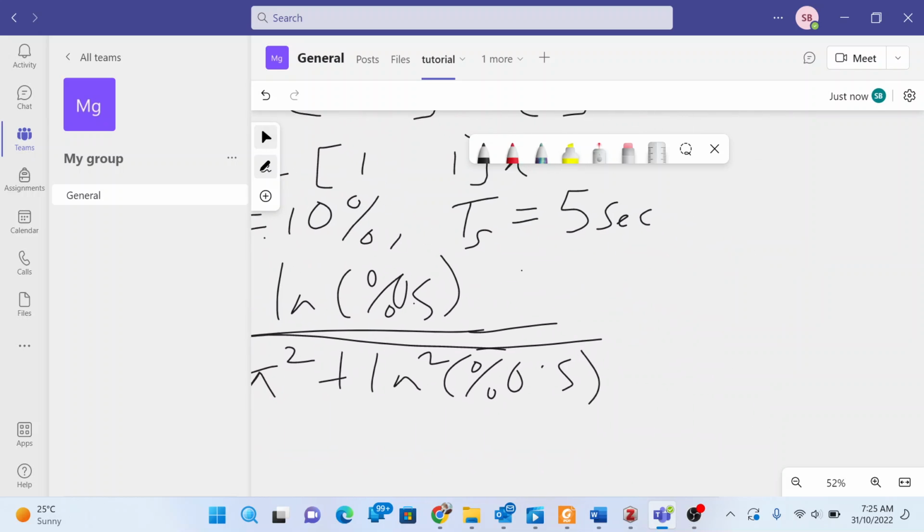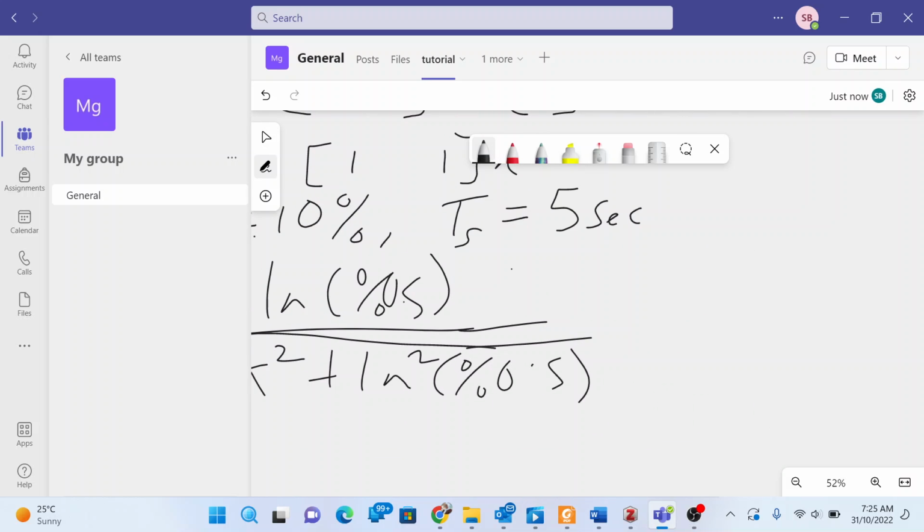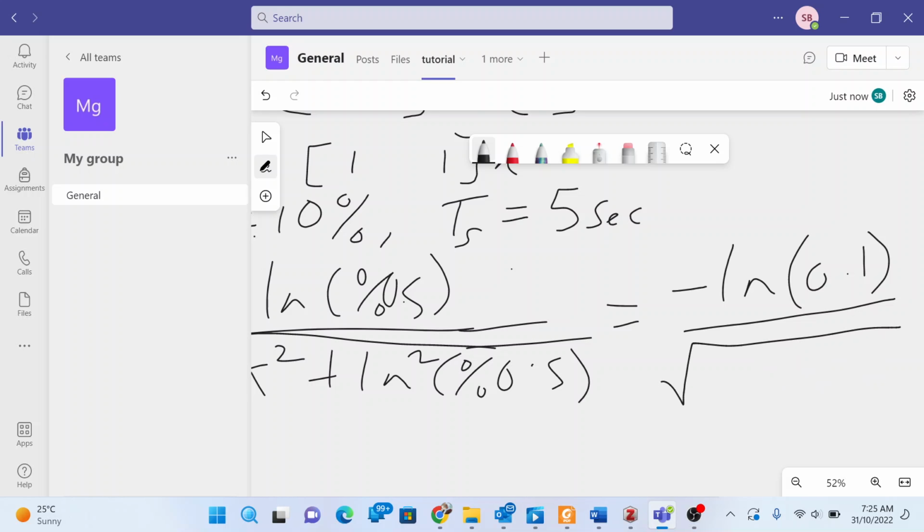So from there, this is going to be minus ln, the 10% is 0.1, right? So this is going to be 1 all over this, then pi squared plus ln squared 0.1.